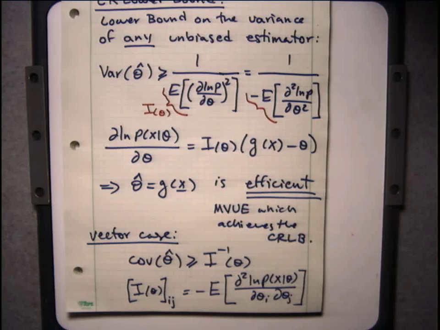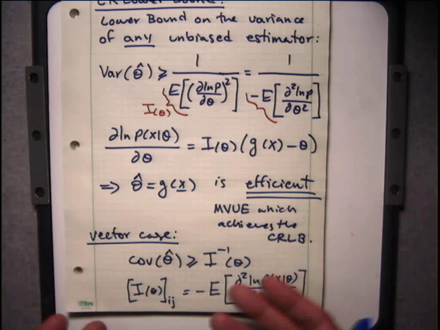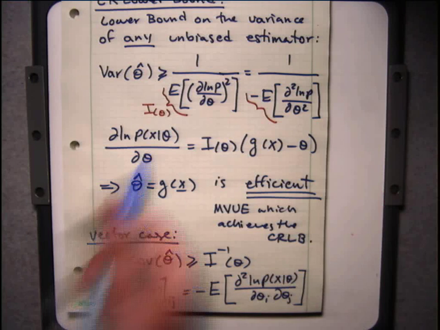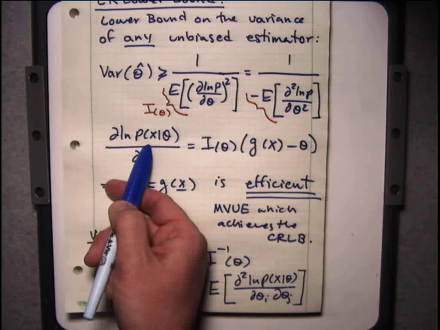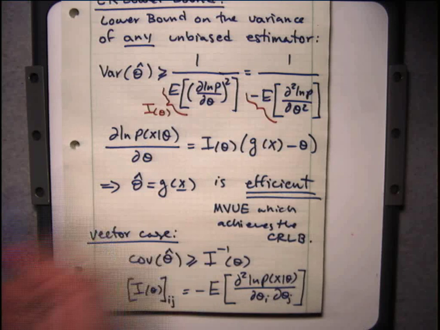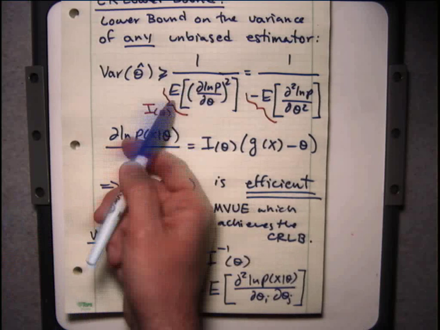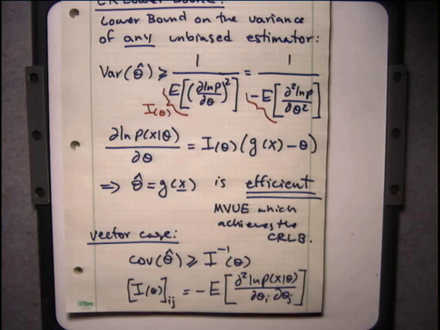So basically what you're going to do is compute the joint probability density function for x, and x is going to have n elements in it. You're going to compute this derivative, square it, take the expected value, and that's your CRLB for that number of data points.